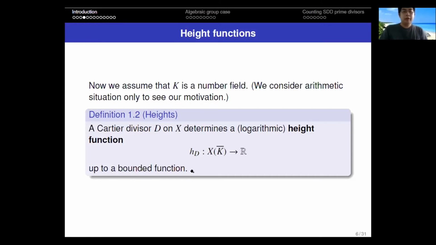So there are many choices of h_D, but h_D is determined up to the difference of a bounded function. So especially the growth by iteration of a self-map is independent of the choice of h_D.